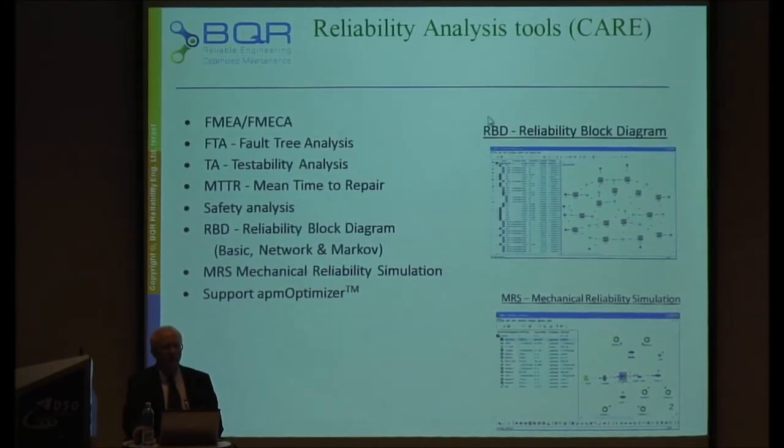On a system and product level, we have several analyses like FMEA, FMECA, which means failure mode, effects and criticality analysis, fault tree analysis, stability analysis, MTTR, safety, RBD, and mechanical predictions. All the reliability parameters also support the maintenance used by the APM optimizer.